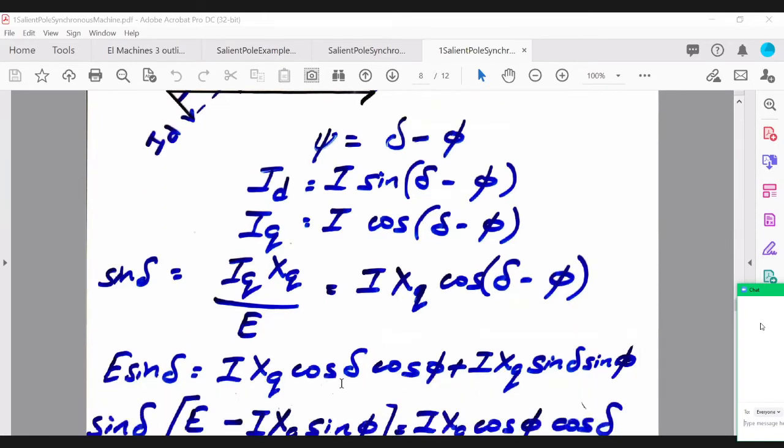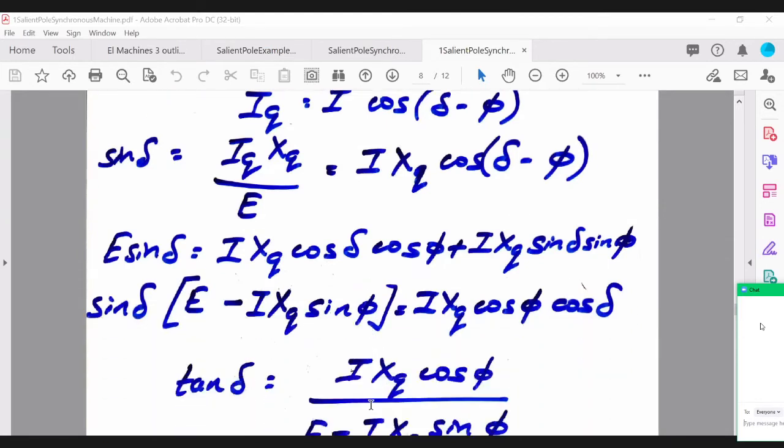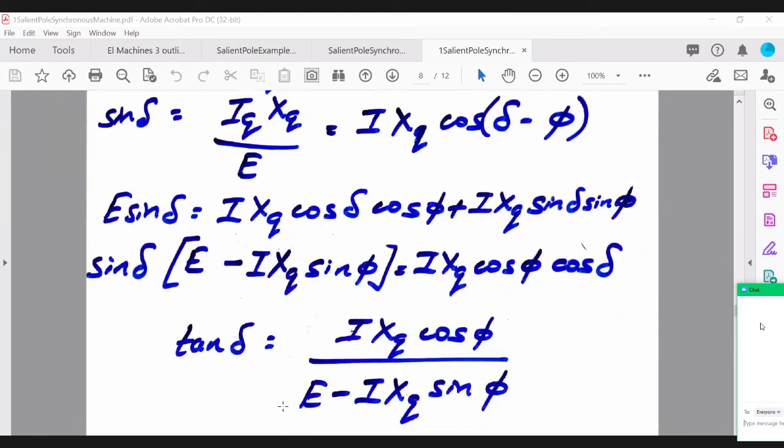So we do the expansion, and we will basically factorize sine delta, and you end up with tan delta being equal to I times xq cos of phi divided by E minus I xq sine phi.